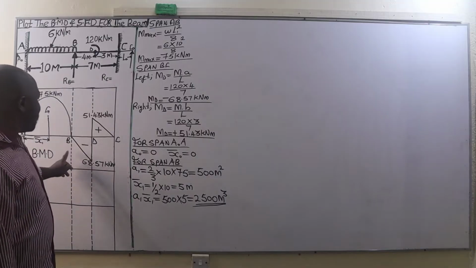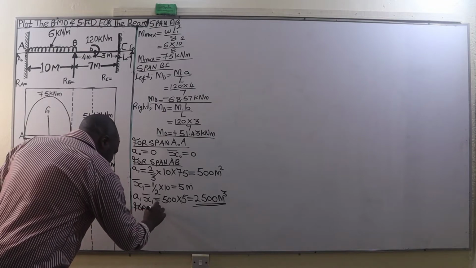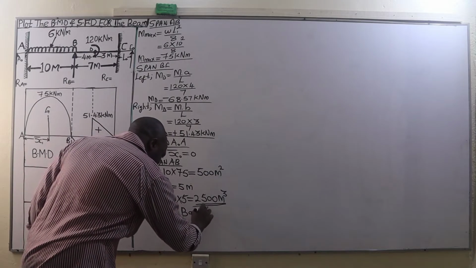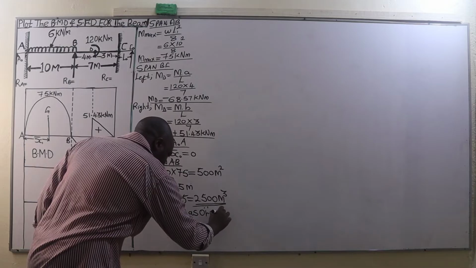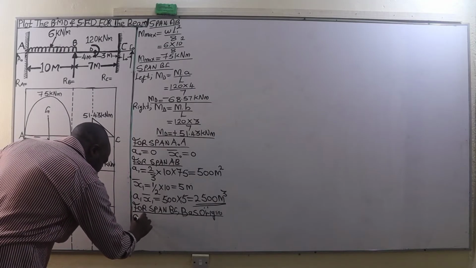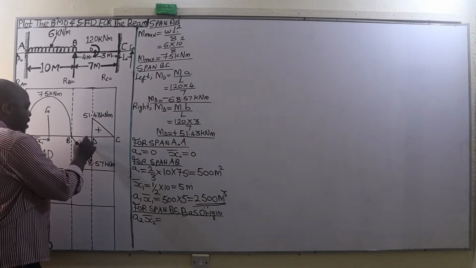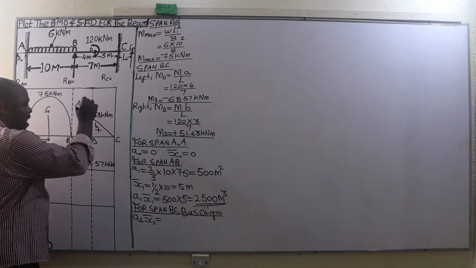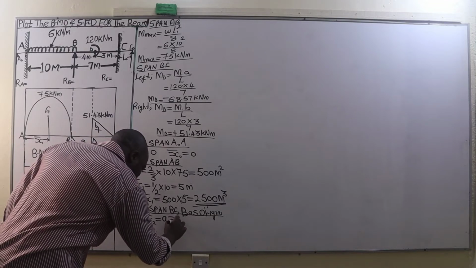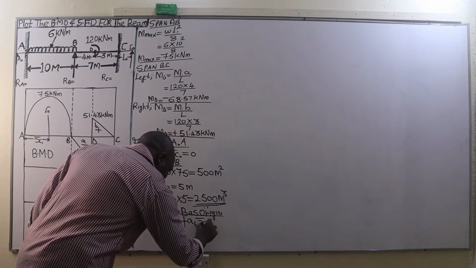Then from there we go to the span B to C. So for the span BC, with B as the origin, we are going to have the following: A2 bar x2 will be given by, let's call this triangle A and the other one B. So it is going to be given by AA bar XA plus AB bar XB.